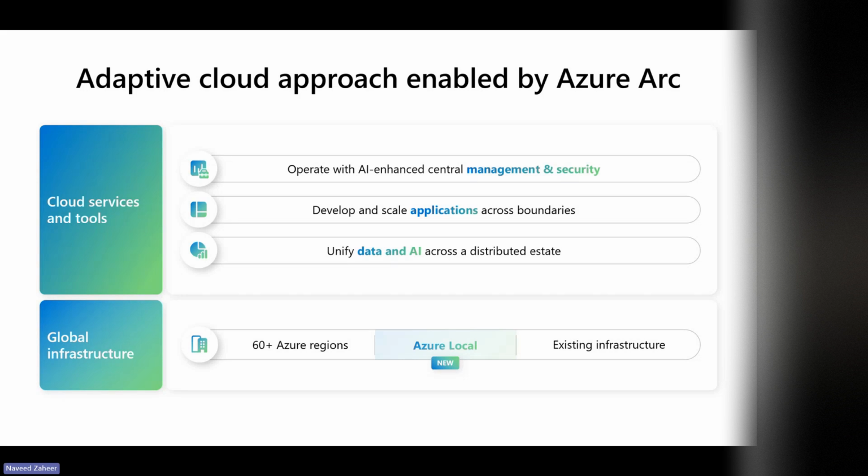So basically, you have a single pane of glass where you can manage that infrastructure. And with Azure Local, this management is enabled through Azure Arc as well. As you can see here, this end-to-end adaptive cloud approach is possible through Azure Arc.